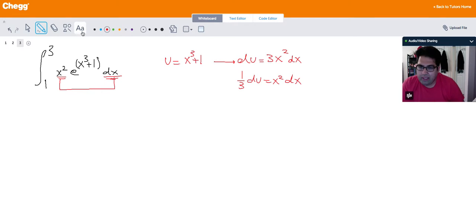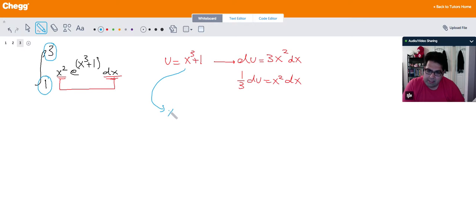Now the key thing here is the limits of integration. These limits belong to x, but right now I'm trying to take the integral with respect to u. So we need to use the relation between u and x to convert these limits of integration of x to the limits of integration of u.